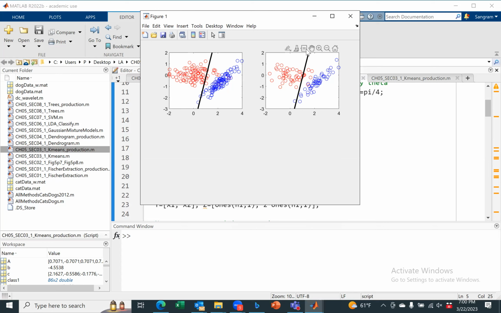So I got this boundary. It's important to note that from k-means clustering, I was able to find this line that separated the majority of the red ellipses from the majority of the blue ellipses.